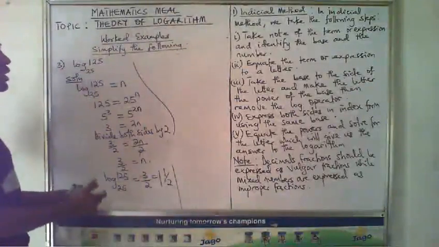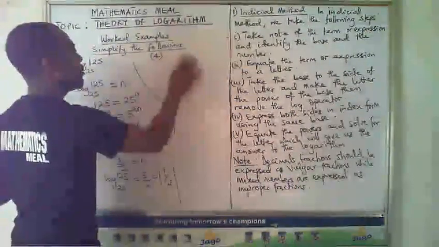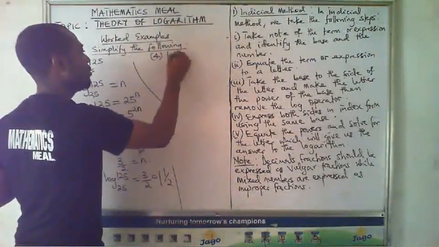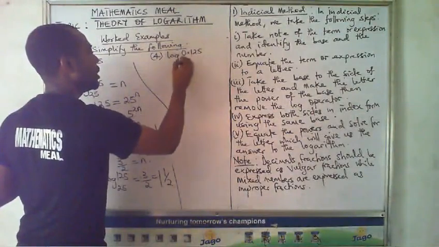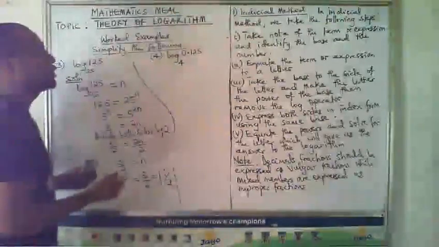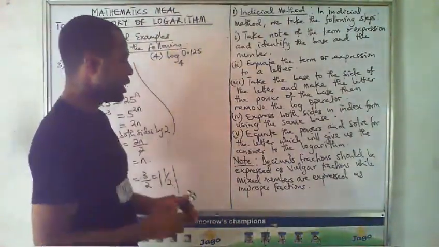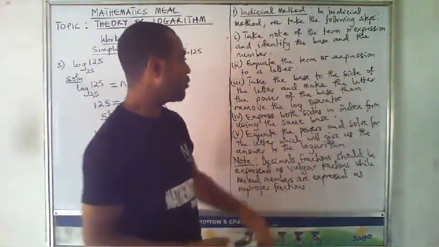I believe you are taking note of all this. So question 4 now. Simplify logarithm of 0.125 in base 4, something like this. We have a decimal. Now we said here, note, decimal fractions should be expressed as vulgar fractions.